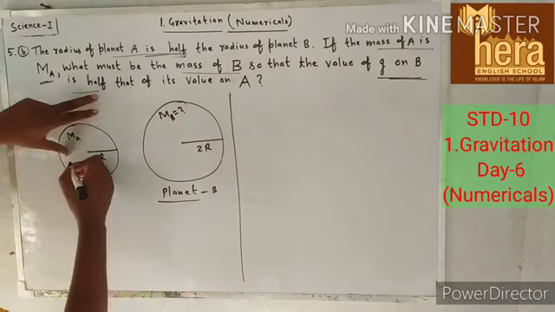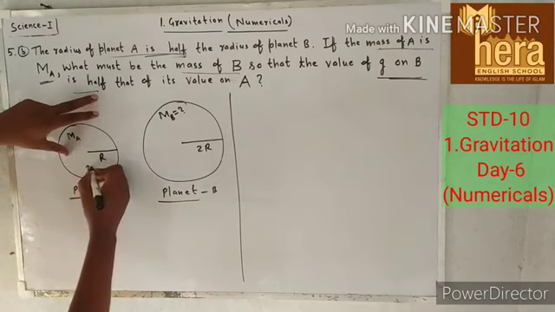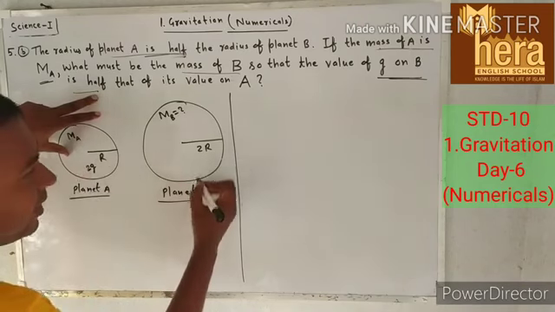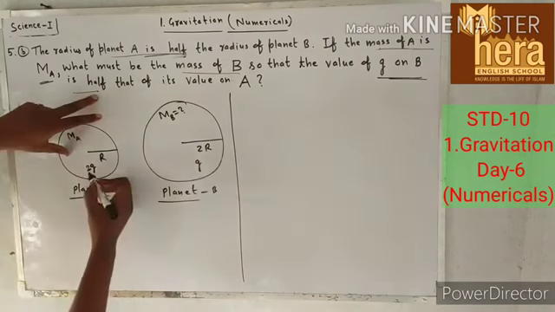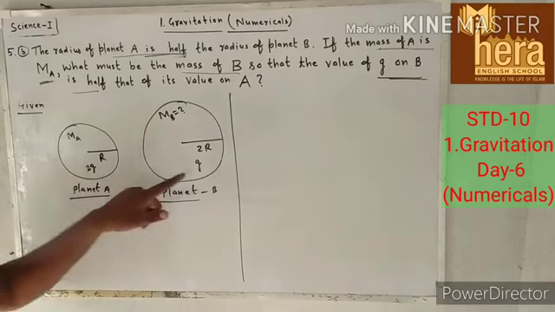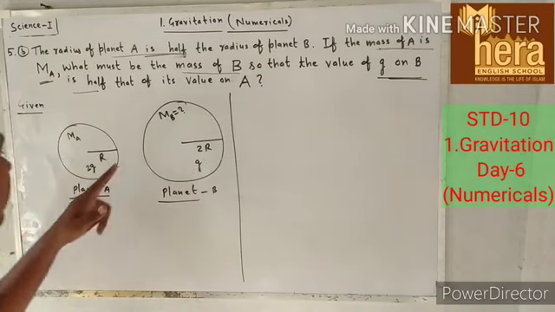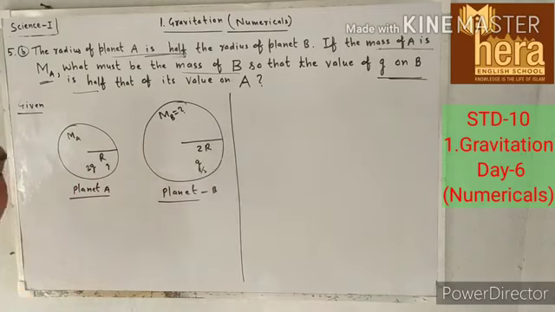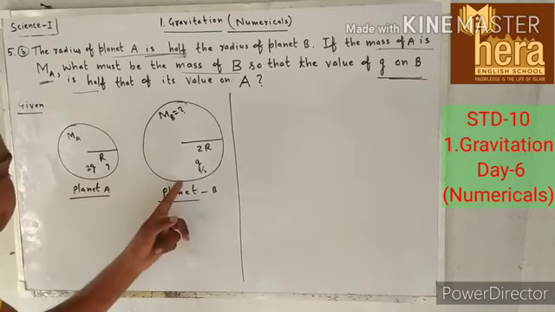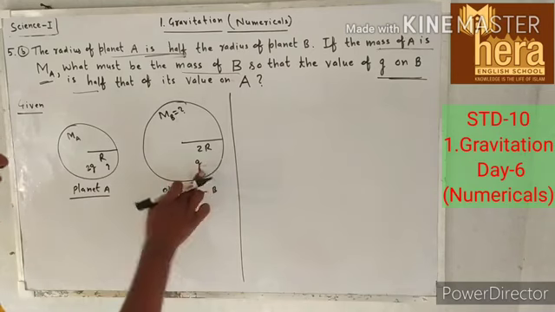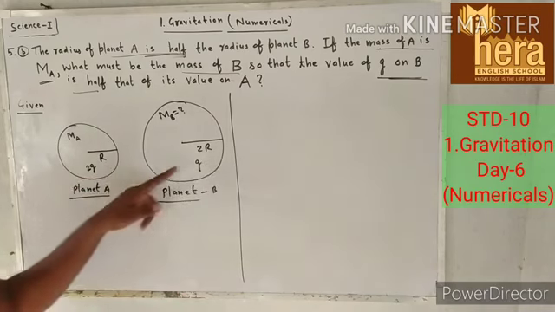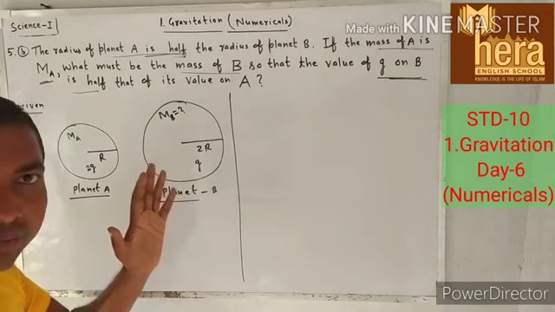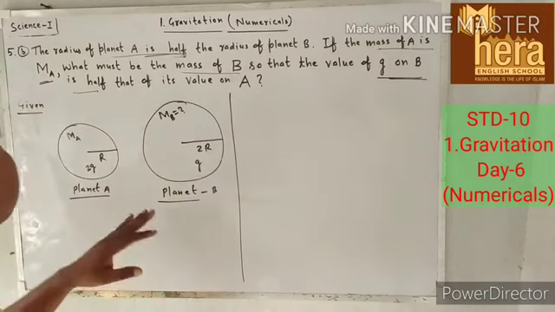If we consider the value on planet A is 2g, then on planet B it will be g, half. Or you can take g here, then g upon 2 there, just half of planet A. So for convenience, I am taking 2g and g. You can take g and g upon 2. Answer will be same.